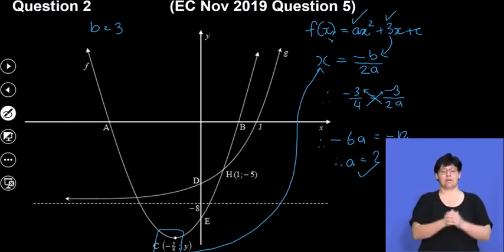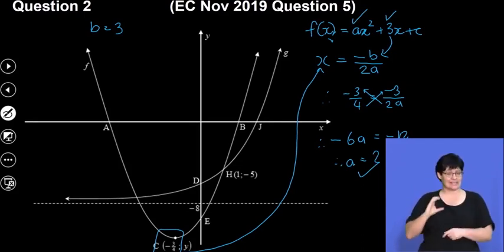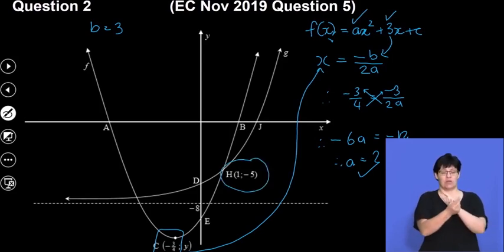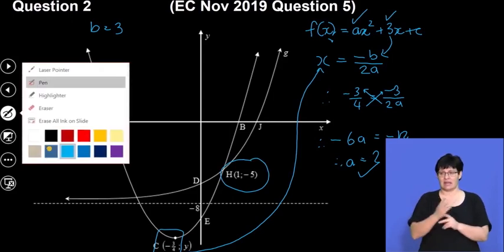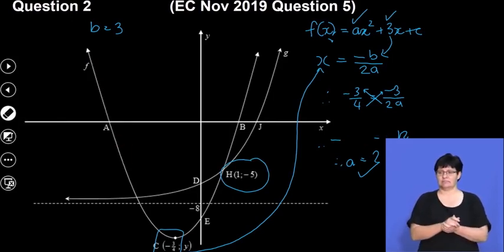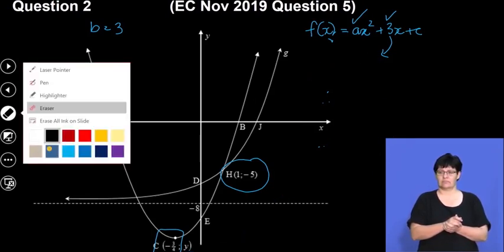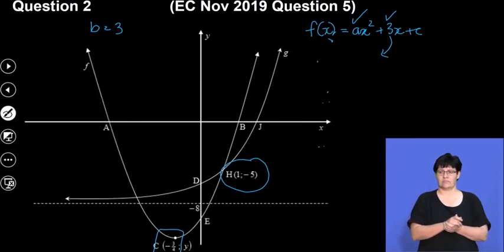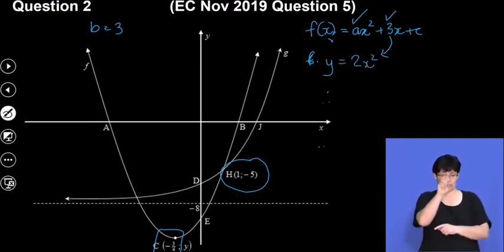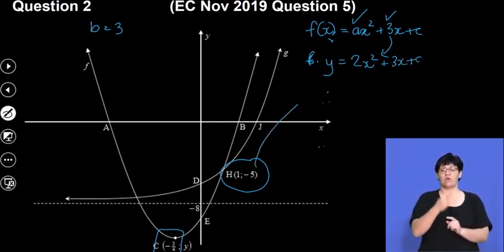All right, so I just need one last value, and that is c. And for that, I'm going to substitute in the point that I know, which is the 1 and the -5. So again, I'm going to just erase some of that. So f of x, or let's say y rather, because we're going to sub a value of y in. Y is equal to 2x squared plus 3x plus c. And finally, I'm going to sub that into there.